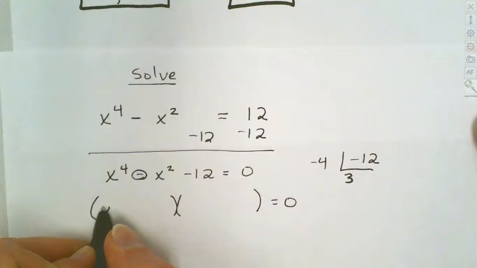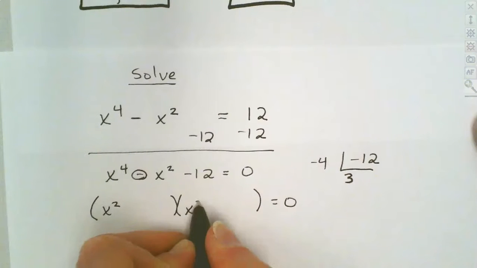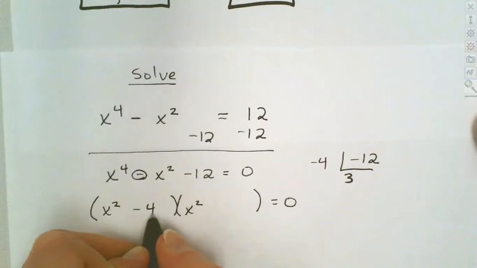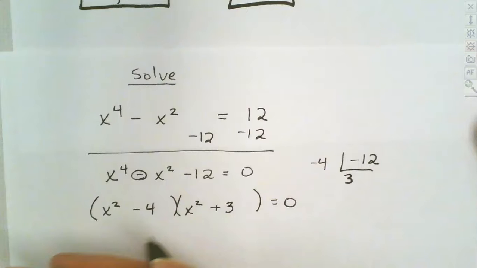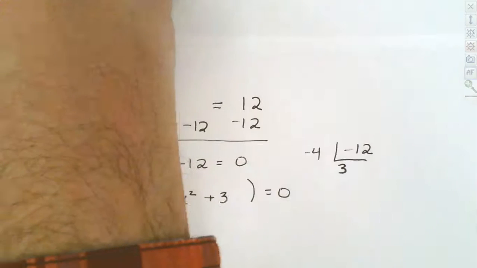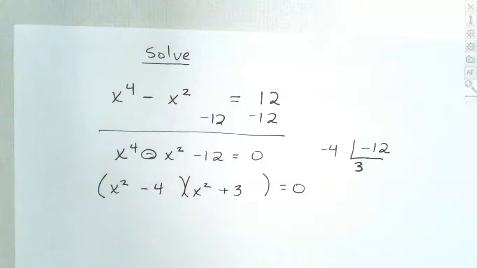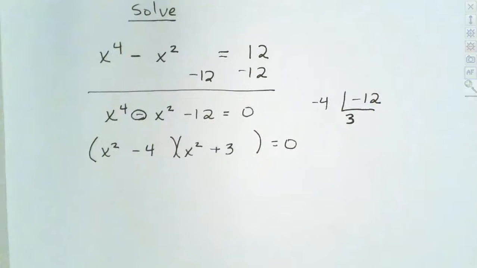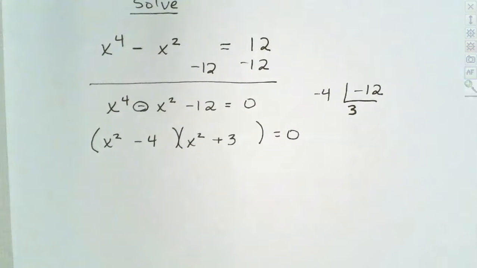So that's going to be x squared and x squared, a minus 4 and a plus 3. We're still going to get 4 solutions. So let's go ahead now and get our four solutions.